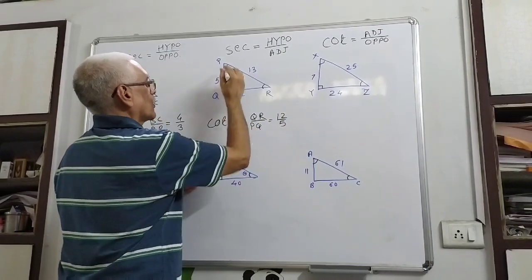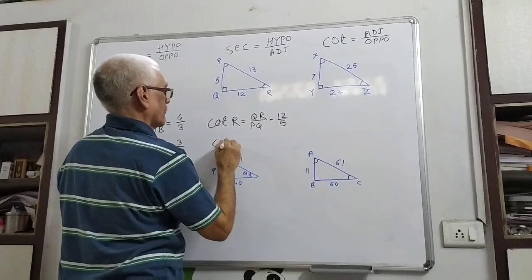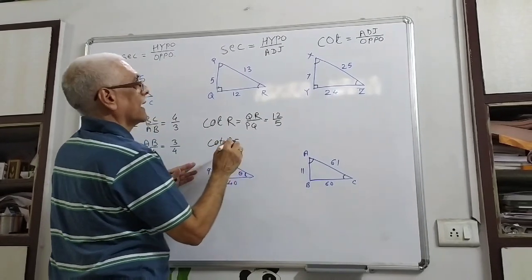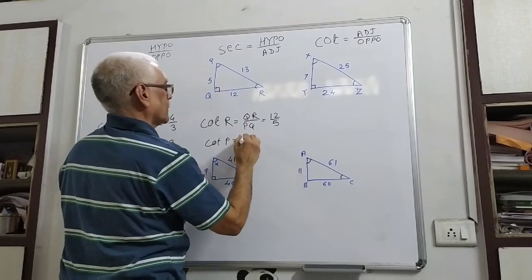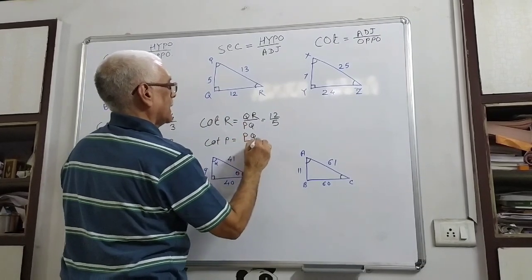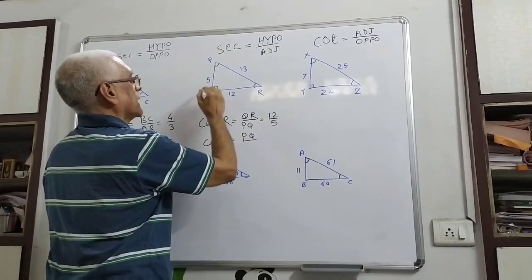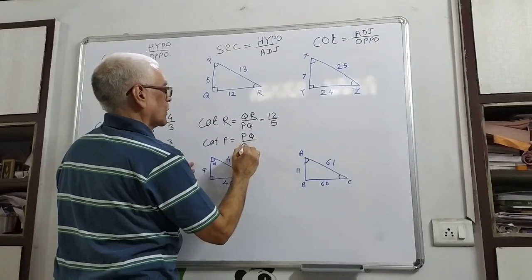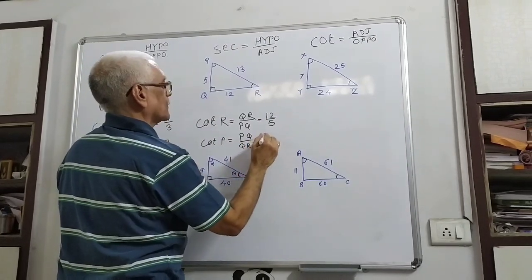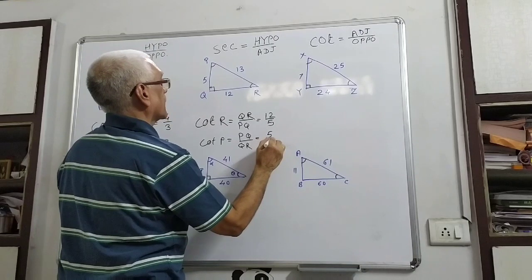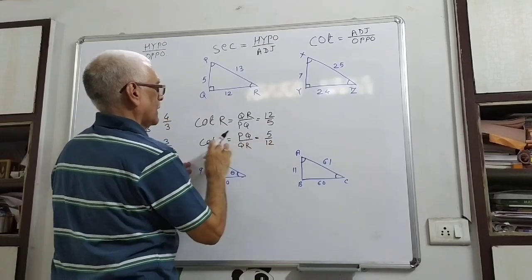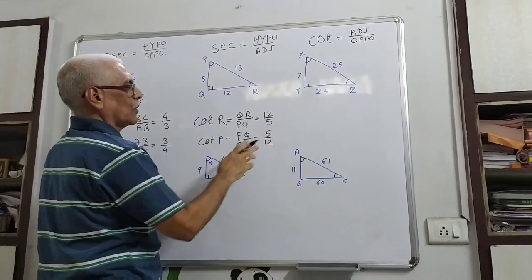If we want cot of P, it is adjacent to P, that is PQ, and opposite to P, that is QR, PQ upon QR. So PQ is 5 and QR is 12. So value of cot P is equal to 5 upon 12.